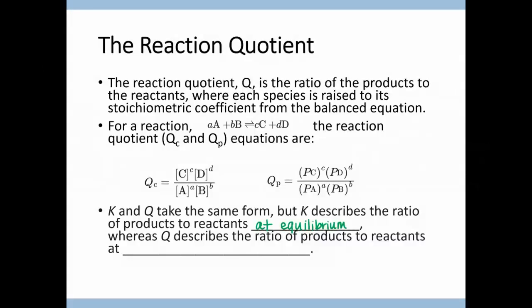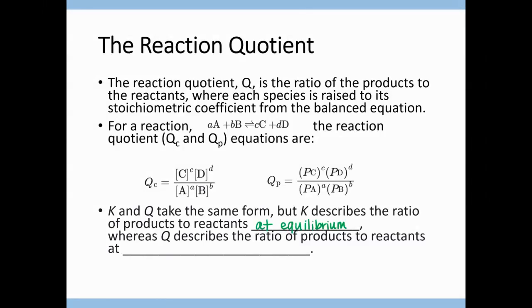It doesn't matter, remember, what the concentration of the reactants or products was at the start of the reaction. When a reaction reaches equilibrium, it will have a certain ratio of reactants to products. And that will always be true as long as that reaction is at equilibrium at the same temperature.